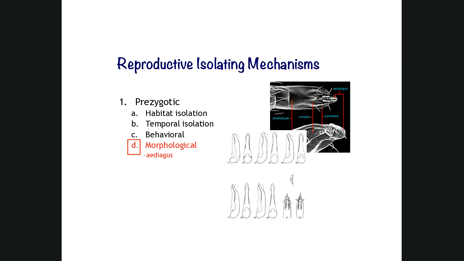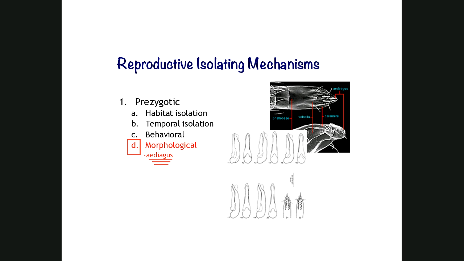In morphological, it's kind of fun because I get to say aedeagus. This is a lock and key mechanism of an intromittent organ in a species. Insects have an intromittent organ called an aedeagus, which is a copulating organ. All copulating organs have to fit and match the reproductive tract of the female.